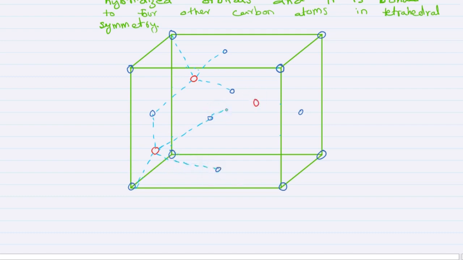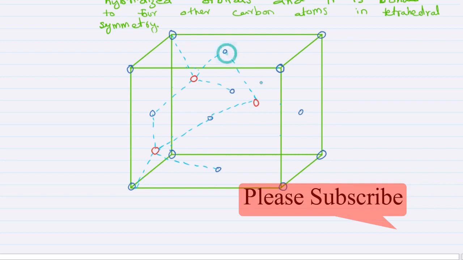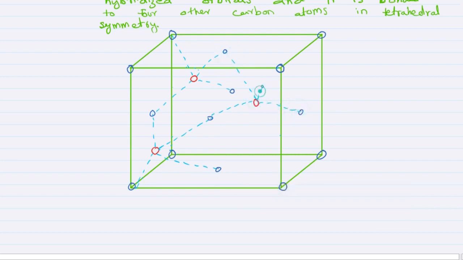Now we take the atom at the other tetrahedral position. Once again this carbon atom is connected to 4 further carbon atoms. And now we take the atom at the last tetrahedral position. This is also connected to 4 further carbon atoms.